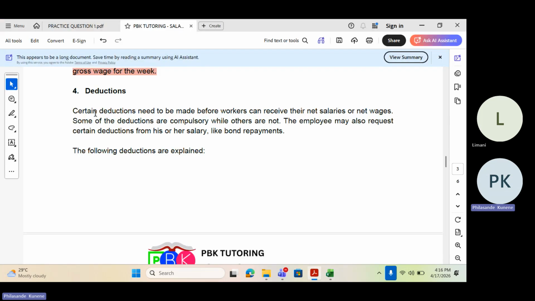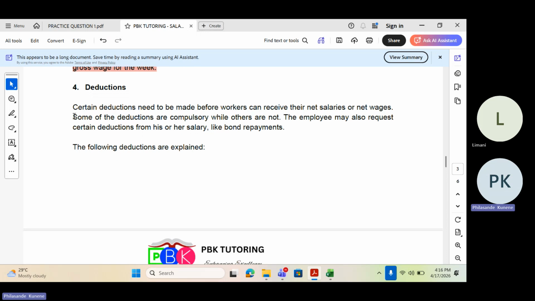Okay. Now, deductions. What are deductions? So here they're saying certain deductions need to be made before workers can receive their net salaries, right? Certain deductions need to be made before workers can receive their net salaries or net wages. That's what I'm saying. Before you can get your money into your bank account, there are certain deductions that we need to make from your gross salary or your gross wage.